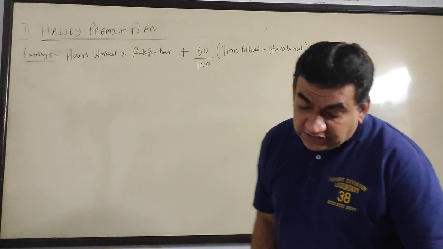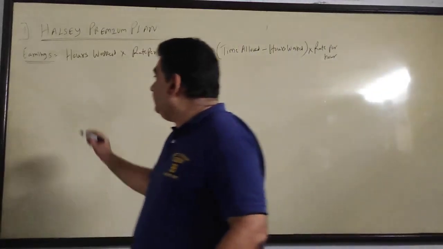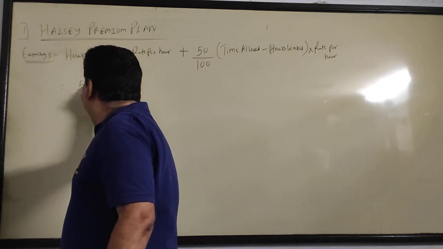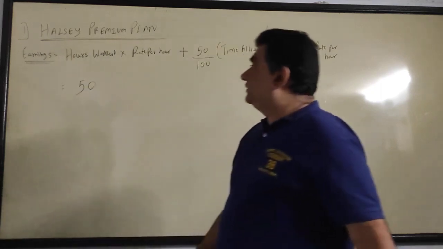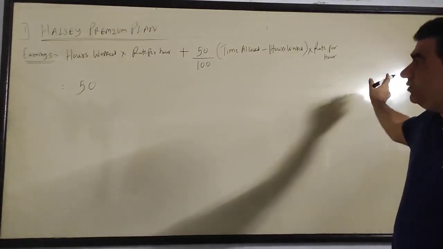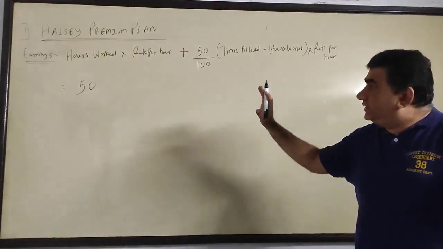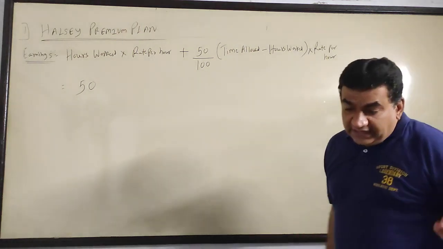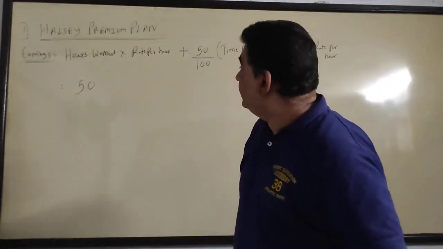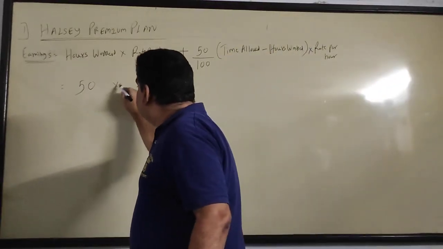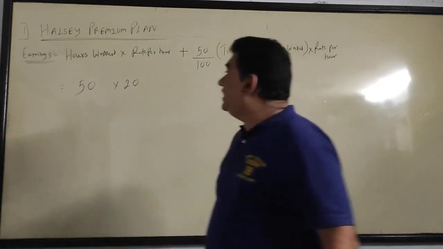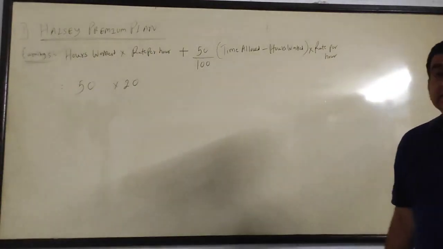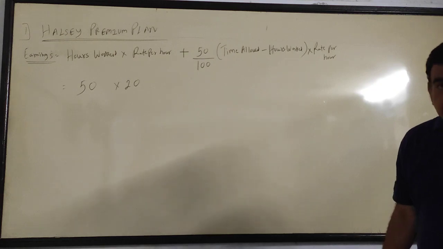Now see, actual hours worked is how much? 50. So what you will do? Hours worked 50. Okay, see, I am using the full board, so it looks bigger and you can understand the concept very clearly. Into the rate per hour. What is the rate per hour? 20 rupees. So 50 into 20. This is the normal earning.